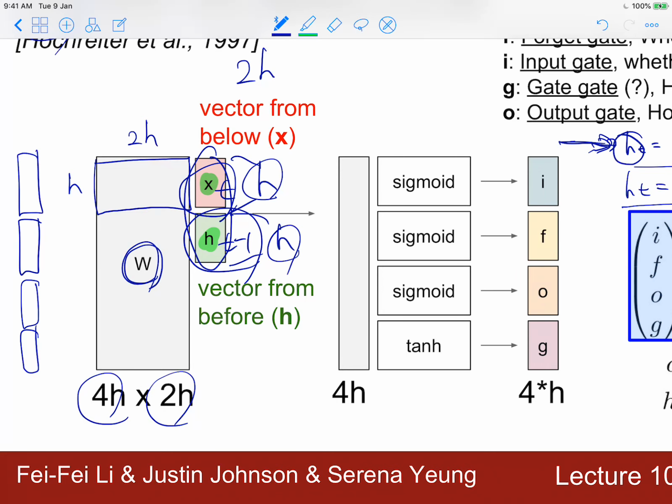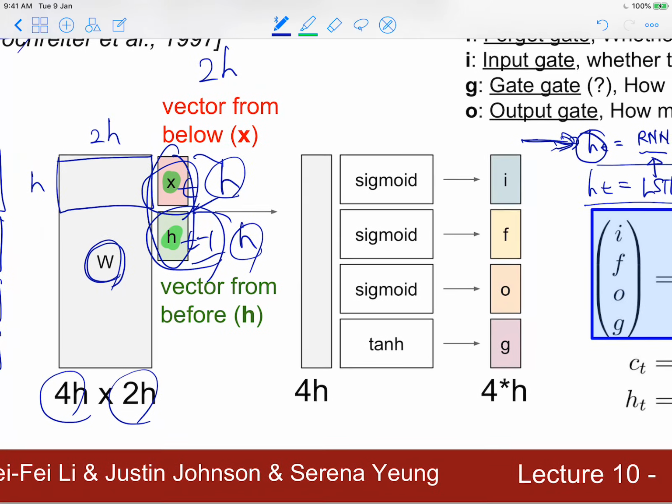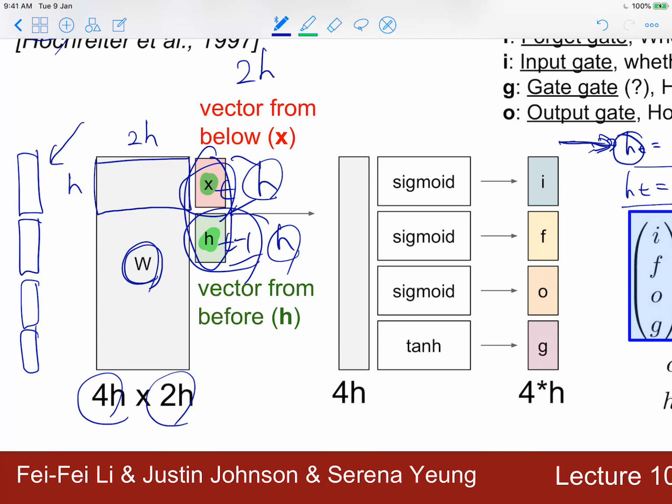Then, given these four different vector sets, we apply different nonlinear units to each of them.